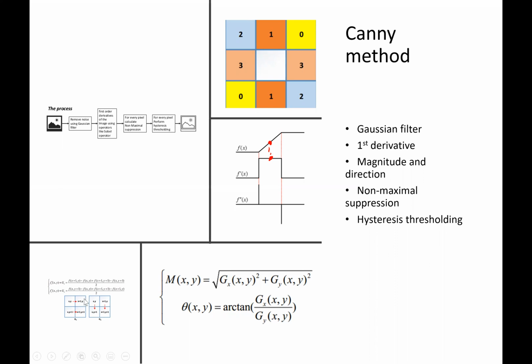It's simple: up right minus up left plus down right minus down left, divided by 2. Same for gradient y, the vertical derivative: this one minus this one plus this one minus this one, divided by 2. This is the derivative for the image.